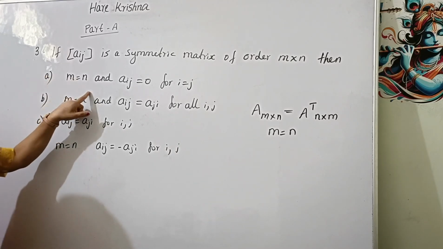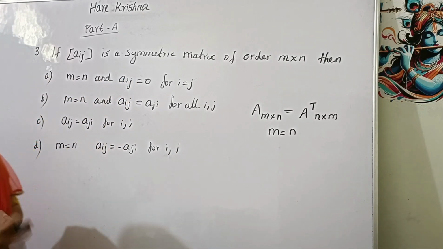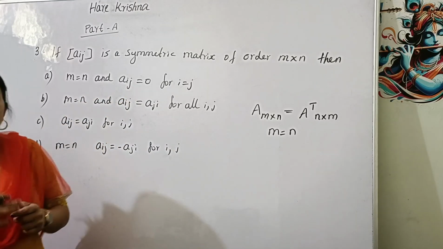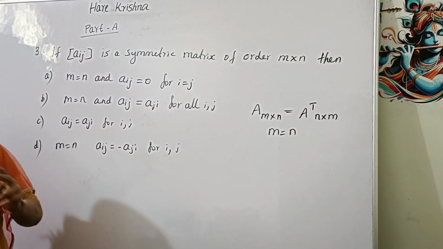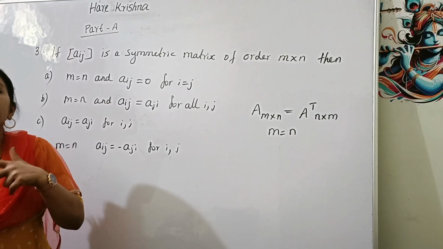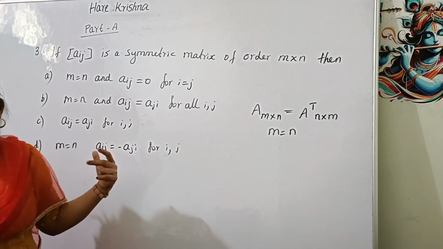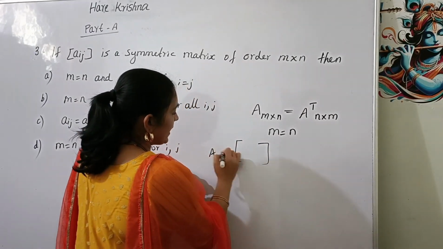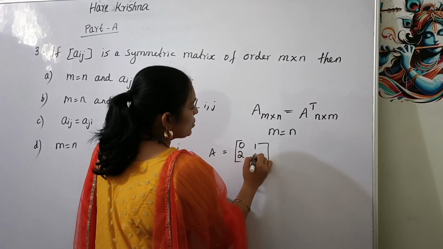So here m is equal to n and Aij is equal to 0 for i is equal to j. See here, Aij is equal to 0 for i is equal to j means main diagonal elements are 0. So if main diagonal elements are 0, then when we take its transpose, will we get the same matrix? No, right? Suppose it is a matrix A, that is 0, 1, 2, 0.